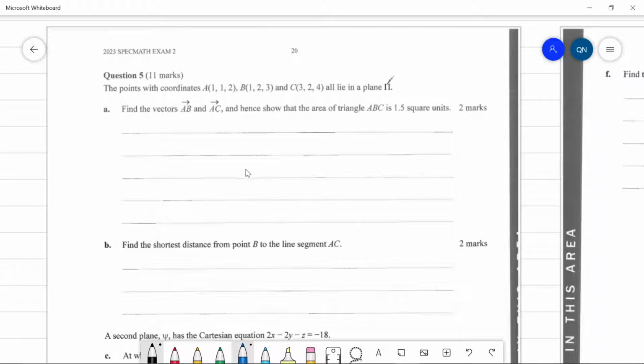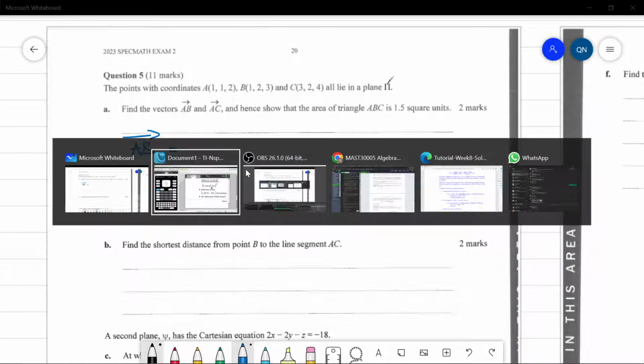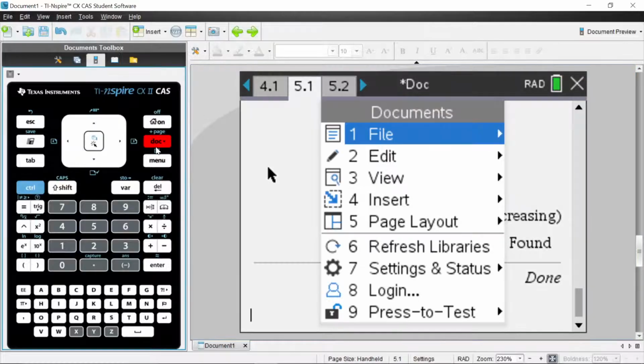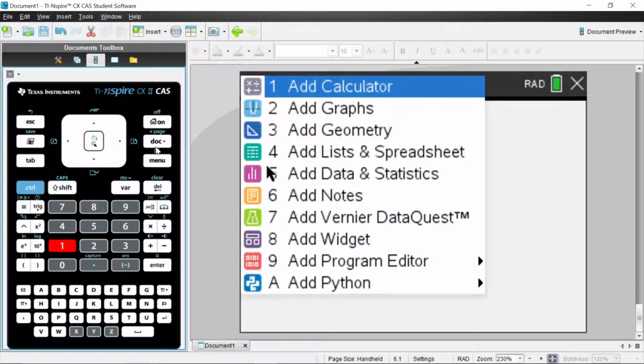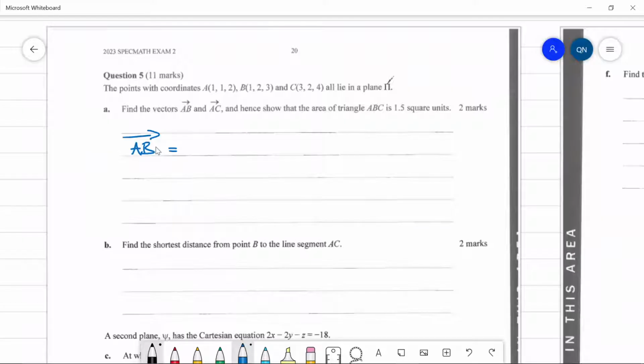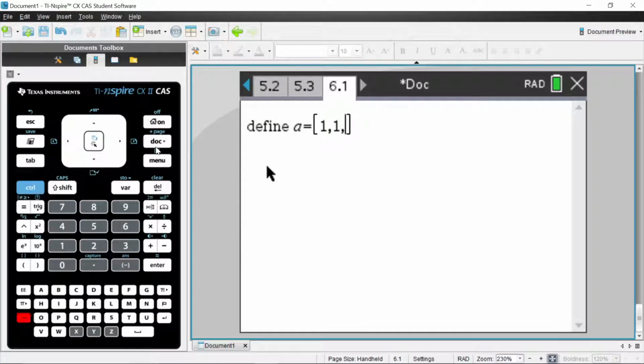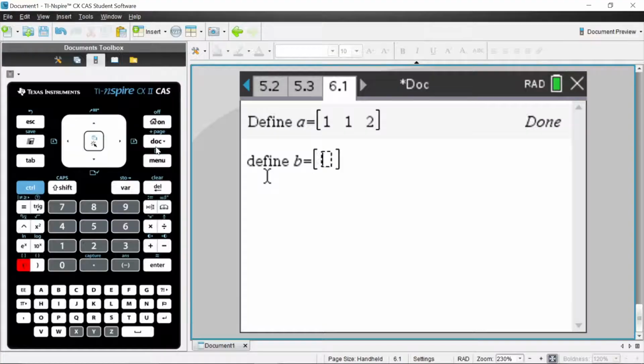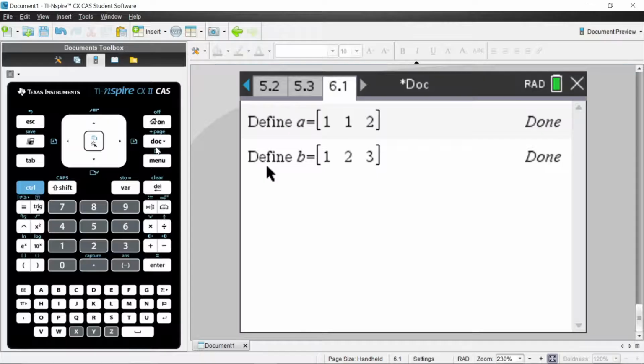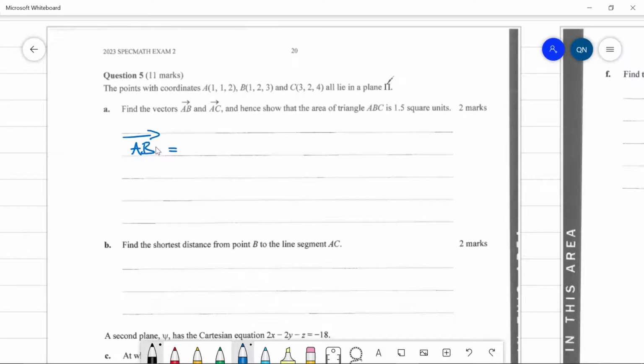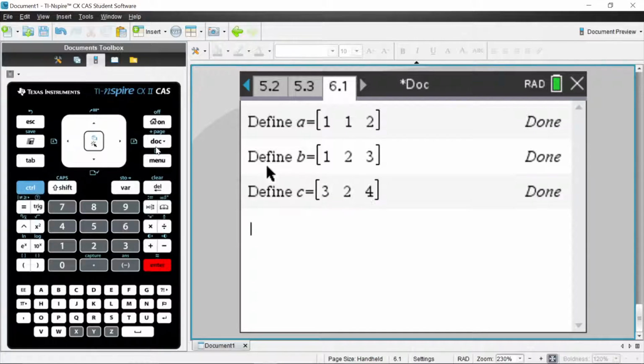Okay. Let's try to find AB. So AB is just OB minus OA. We might be able to define this on the CAS. Let's insert a new problem page, and I'm going to define A equals 1, 1, 2. I'm going to define B equals 1, 2, 3, and C equals 3, 2, 4.